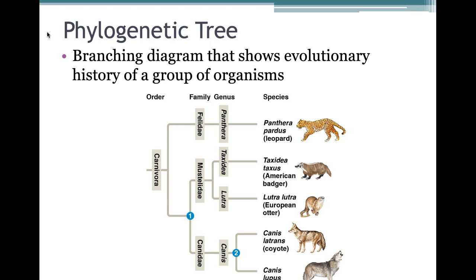So it's thought again that the wolf versus the coyote most likely share a common ancestor. So please remember that those points indicate a common ancestor before they diverged or separated based on natural selection.